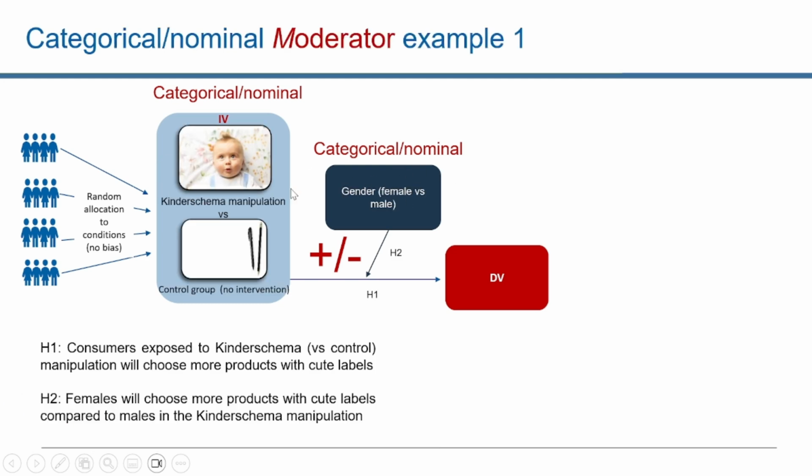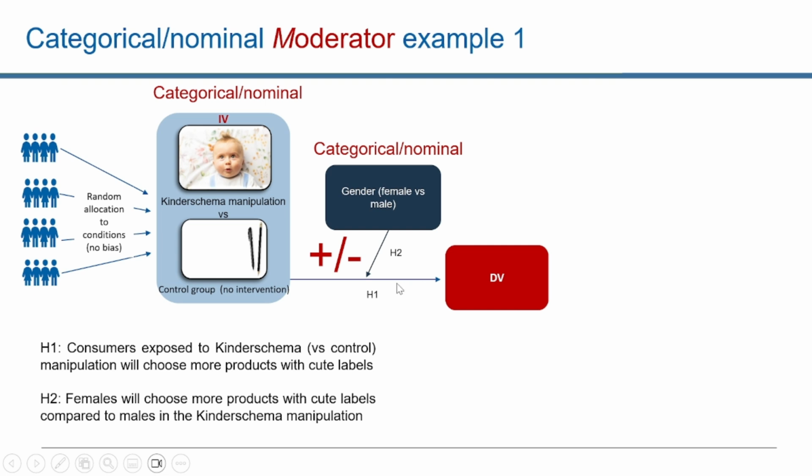I am measuring whether people will respond differently to exposure to kinder schema or a control group, no intervention, in terms of how many cute labels or products they will keep. And I am saying that people who were randomly allocated to kinder schema manipulation should select more cute labels compared to people who were allocated in the control group.